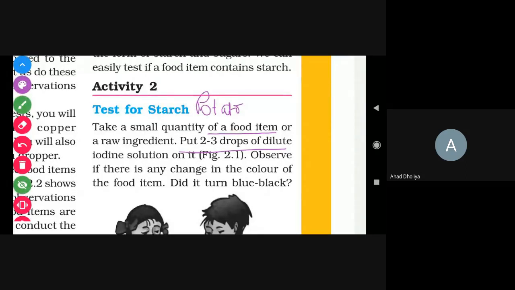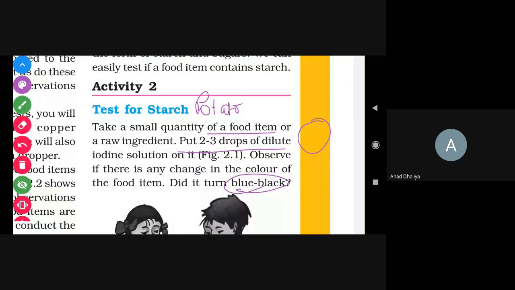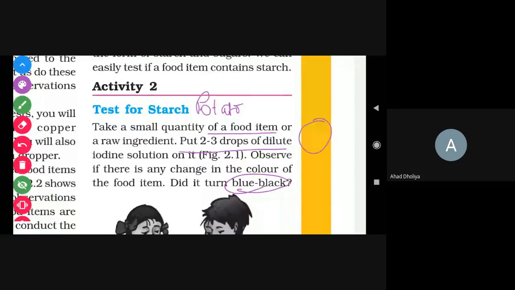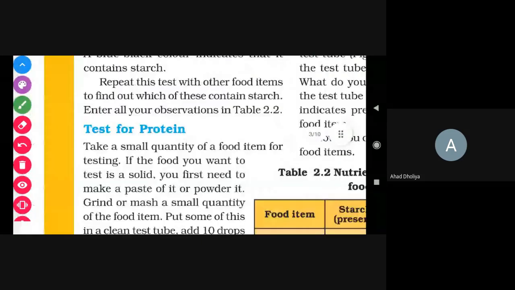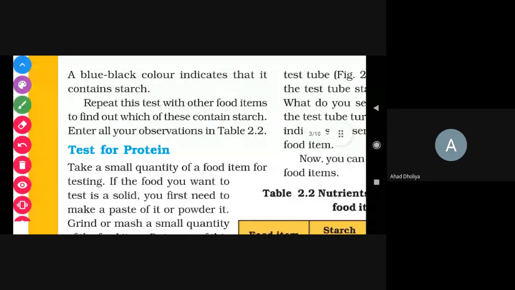The original color of iodine would be yellow, this kind of yellow or darker than this. But if starch is present in your food, it will turn blue or black. Okay, and you will know that starch is present in your food. Is that clear? Now let's move on to the test for protein.